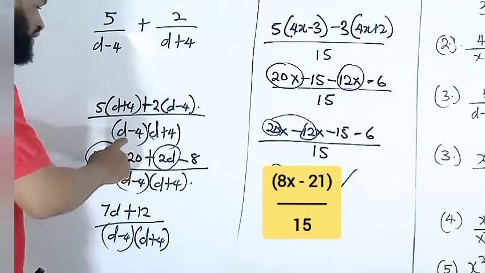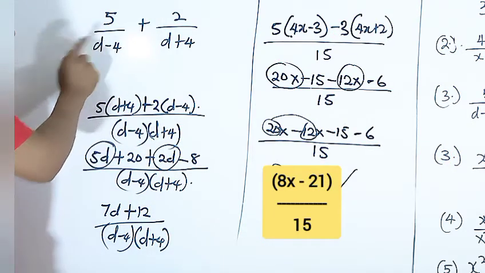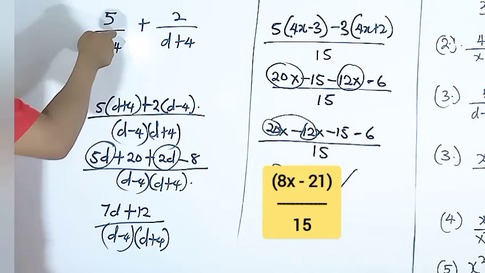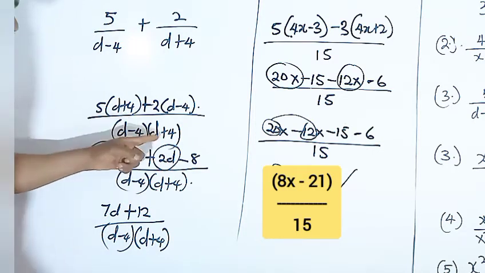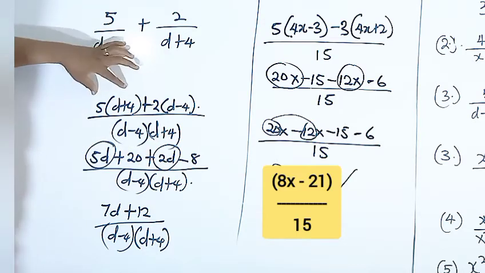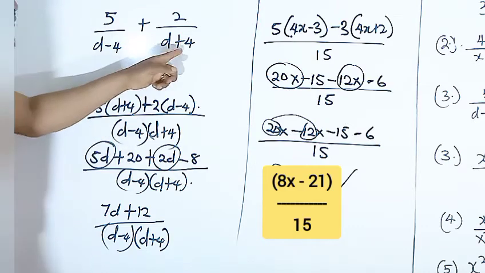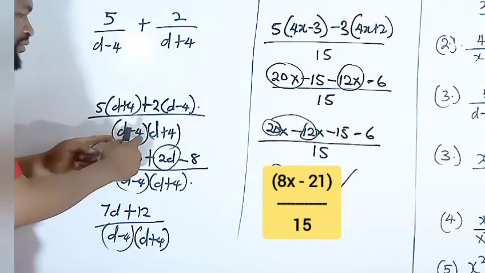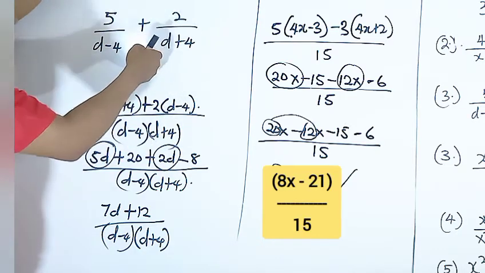Now, D minus 4 and D plus 4, this divided by this, we cancel D minus 4. We'll be left with D plus 4. And D plus 4 multiplied by 5 is this. So 5 times D plus 4, plus D minus 4 bracket, D plus 4. This one will cancel this one.